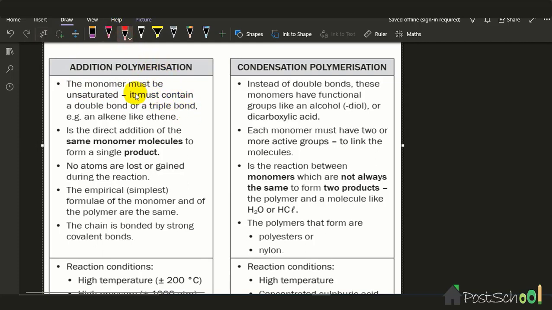It must contain a double bond or triple bond. It is direct addition of the same monomer molecules. No atoms are lost or gained. The empirical formula is the simplest. The chain bond is a strong covalent bond.